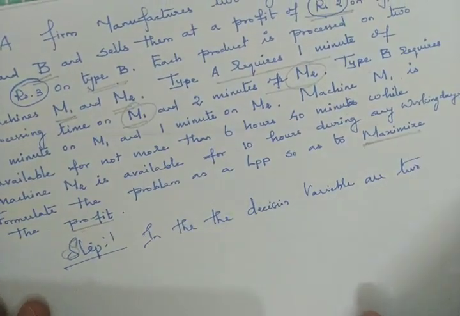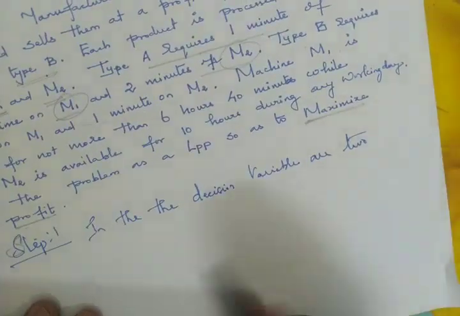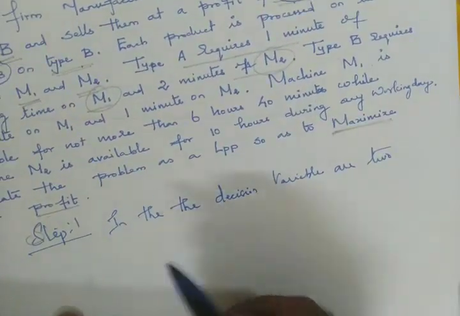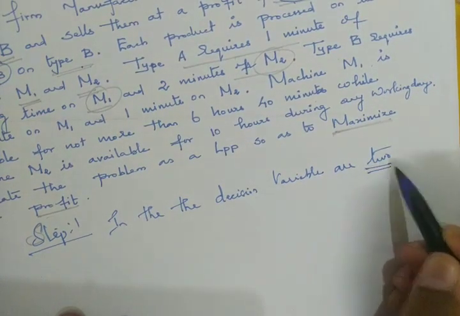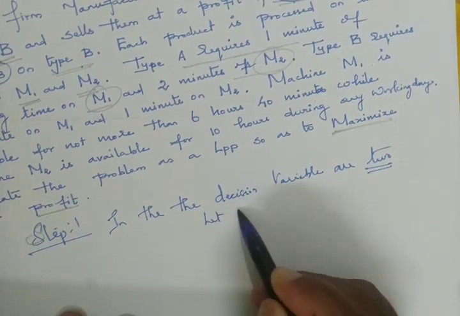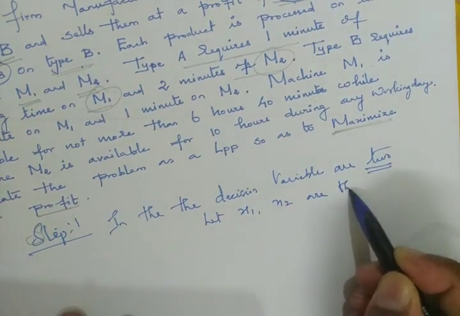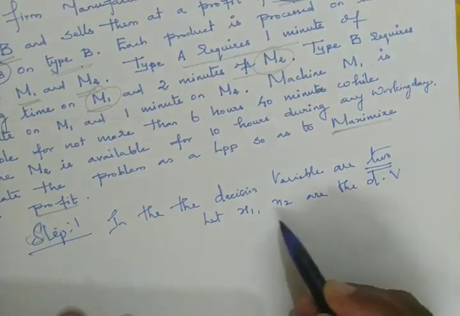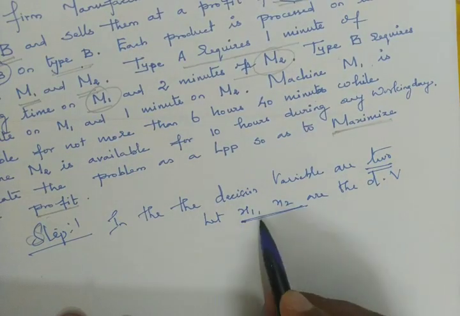In this problem, the symbols may be anything. In general, as mathematicians, we always use the symbols x1, x2 or x, y. So here we need 2 variables. That's why we assign the symbols: let x1 and x2 be the decision variables.